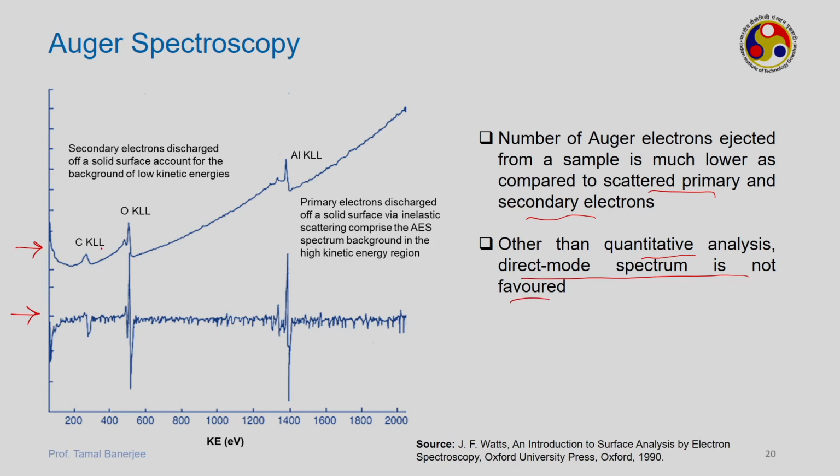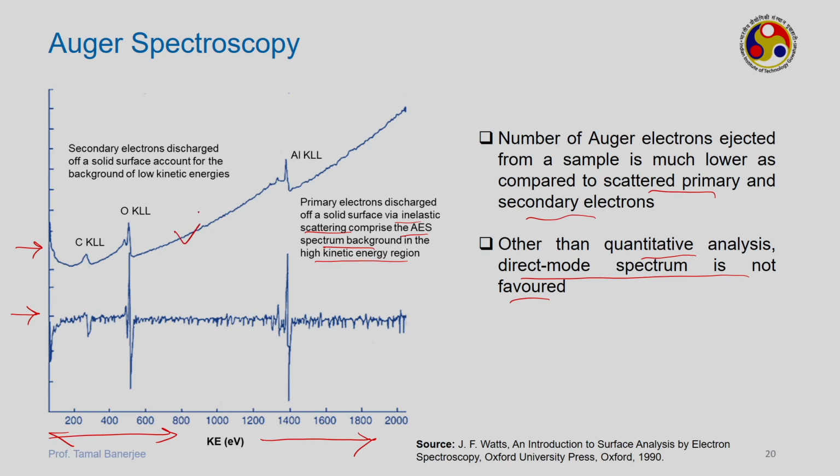Secondary electrons which are discharged from a solid surface account for the background of low kinetic energy. So, these low kinetic energy electrons coming out here are primarily due to the secondary electrons discharged from the solid surface, while for the higher kinetic energy electrons, the primary electrons are the contributor, because these are discharged from a solid surface via inelastic scattering. It will comprise the AES spectrum background in the high kinetic energy region.